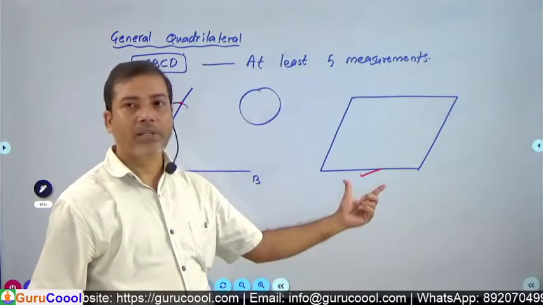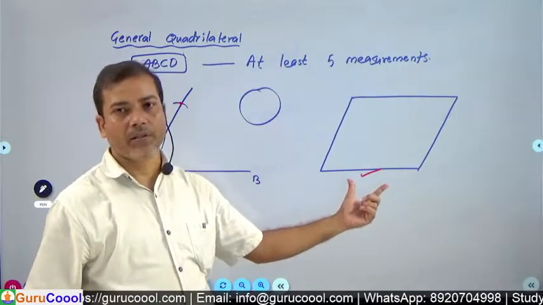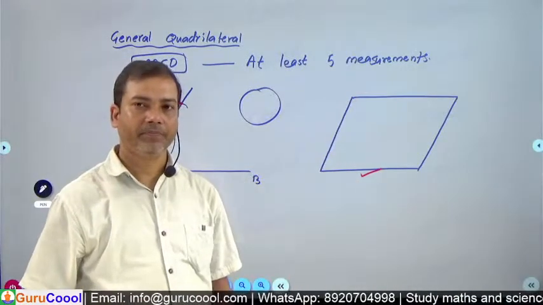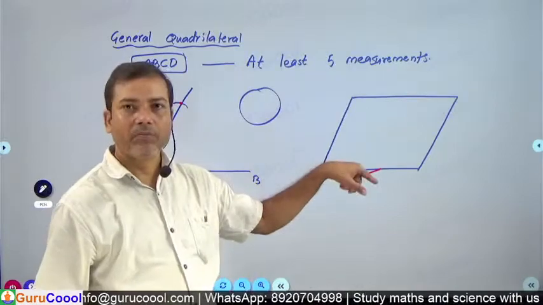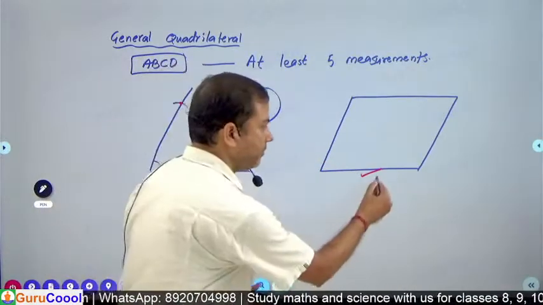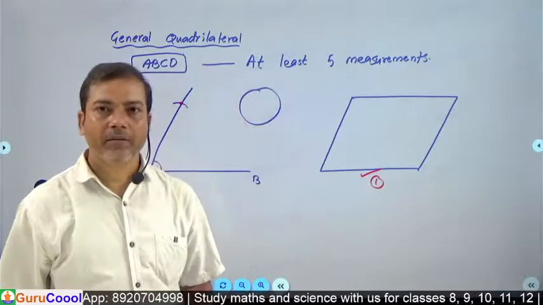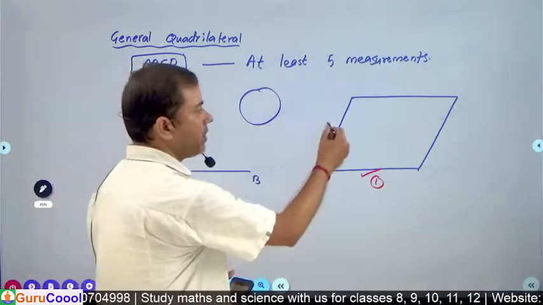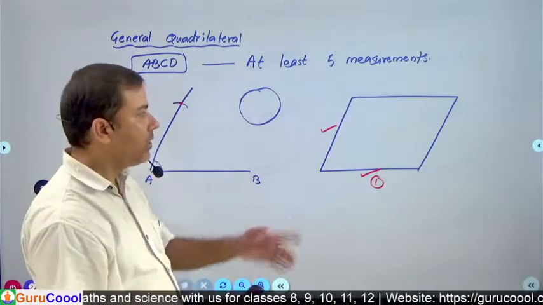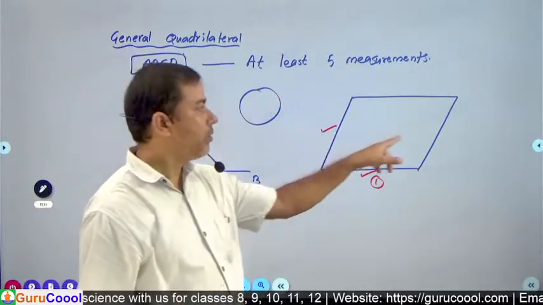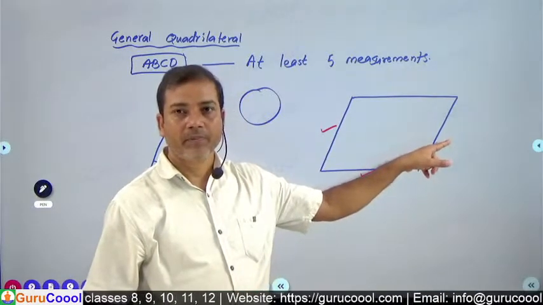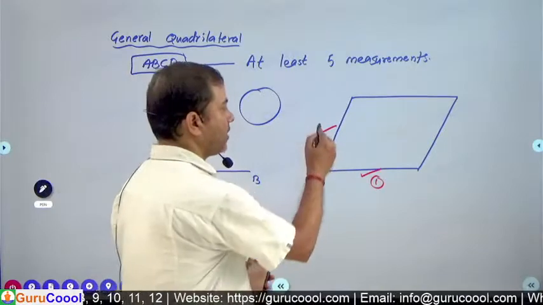If this is 5 centimeters, then it is obvious that the opposite one will also be 5 centimeters. So we don't need both, we need any one. So one piece of information is used, and then let's say this side is also given. Now if this side is given, that means automatically that opposite side is also known to us. So this is required, second information.